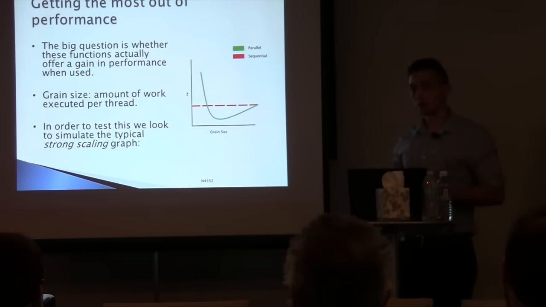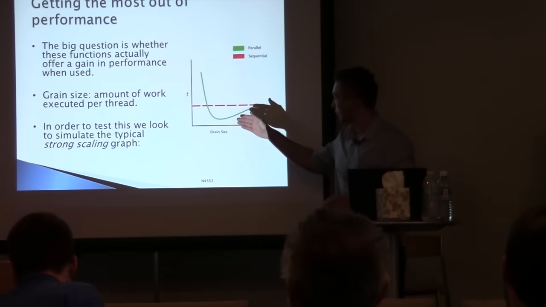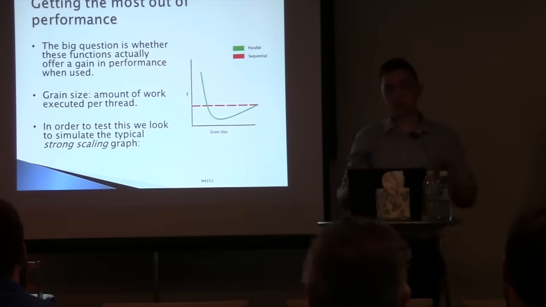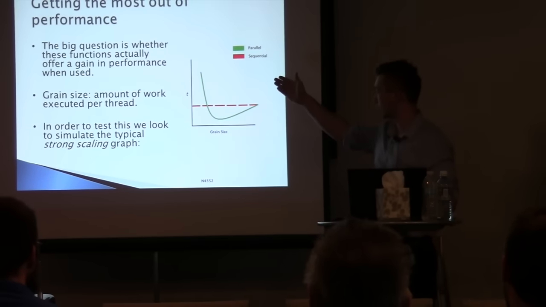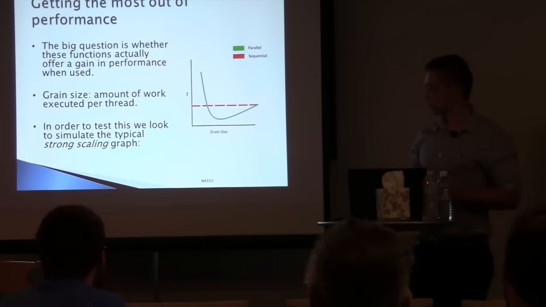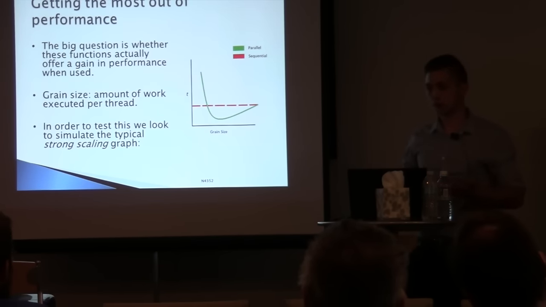And one of the biggest problems with measuring your grain size is that if you don't put enough work on each thread, the overhead of creating threads and executing them in parallel becomes far too much, and you start seeing horrible execution times. But as you put too much work on each thread, you start seeing a sequential execution, because if you have 100,000 elements and you're putting 100,000 pieces of work on a thread, you're just going to see a sequential execution.